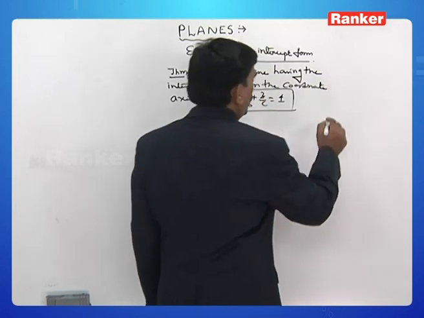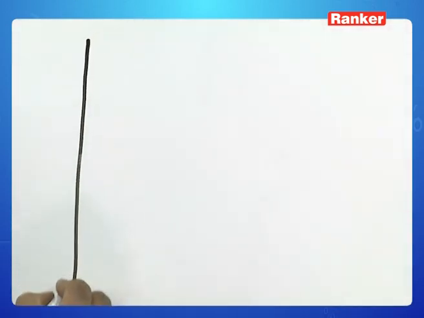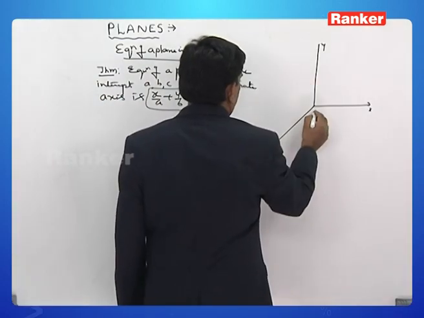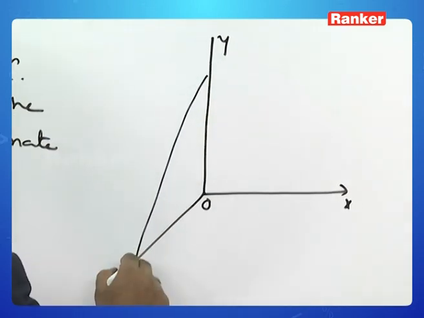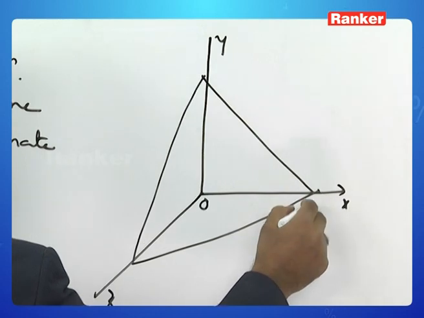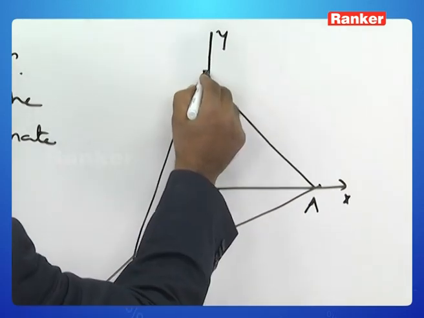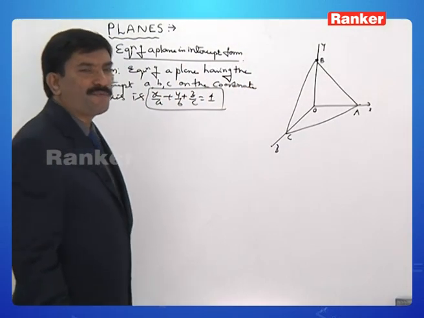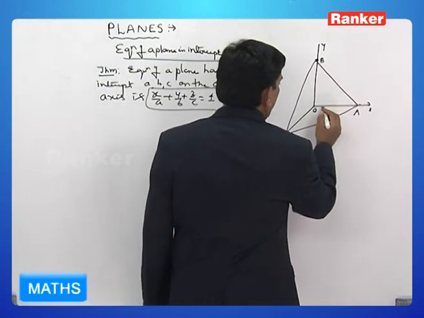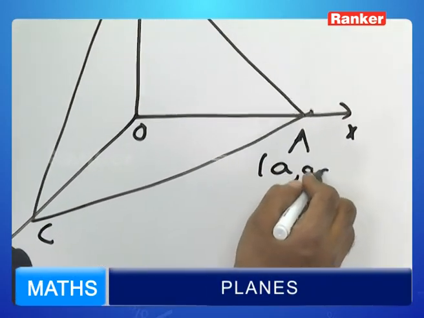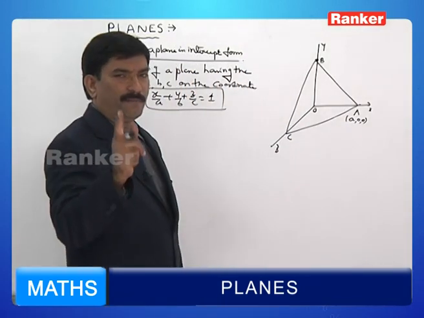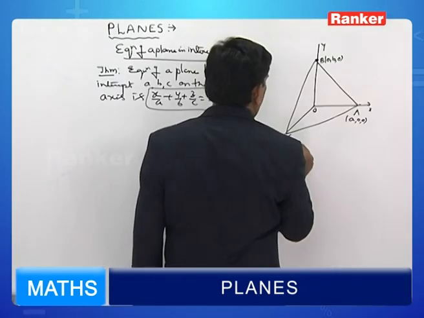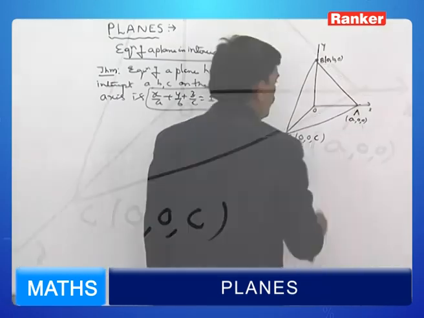Let us see how you can do it. Now let us take this as the x-axis, this is the y-axis, the z-axis, O be the origin. This is the plane which cuts the x-axis at A, y-axis at B, z-axis at C. The distance from the origin to the point A is A. You take this point as A(A, 0, 0), next B(0, B, 0), next C(0, 0, C).